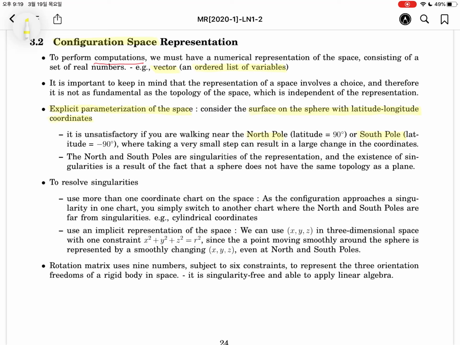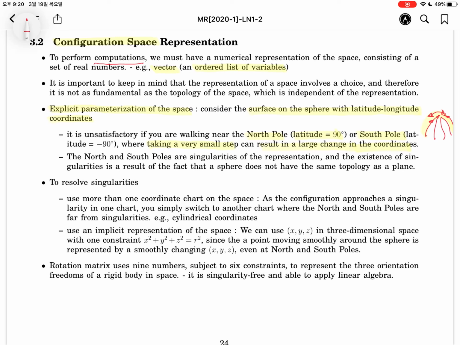Let's assume that some person is located on the north pole. Taking a small step will result in a very big change in the coordinate. Let's assume that we stay near the latitude 89 degrees, and let's take a small step here, from the 0 longitude to the 118 longitude.